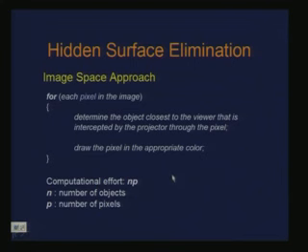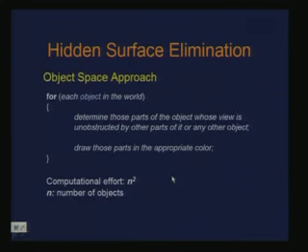On the other hand, if we are talking about the object space approach, here we are looking at, for each object in the world, determine those parts of the object whose view is unobstructed by other parts of it or any other object.